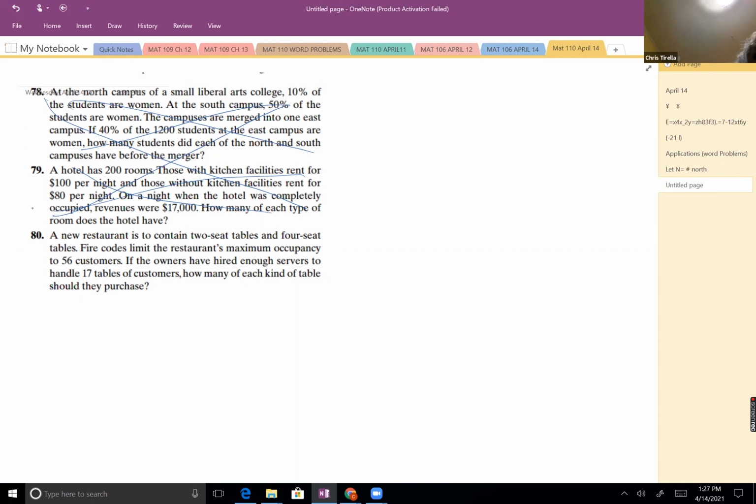The owners have hired enough servers to handle 17 tables. How many of each kind of tables should they purchase? This time I'm going to ask you guys to tell me what to do. What are we looking for?